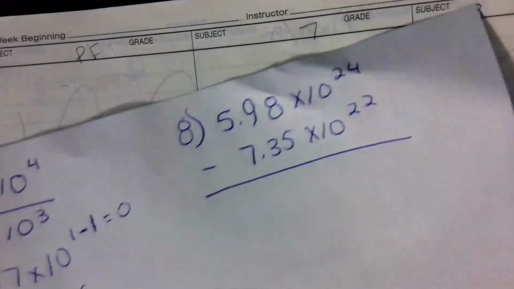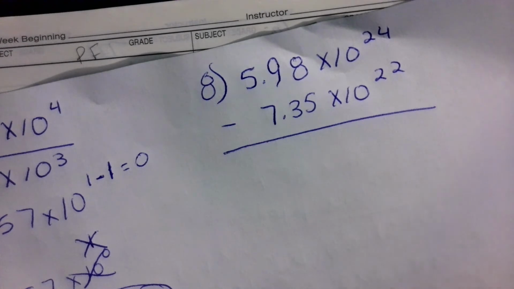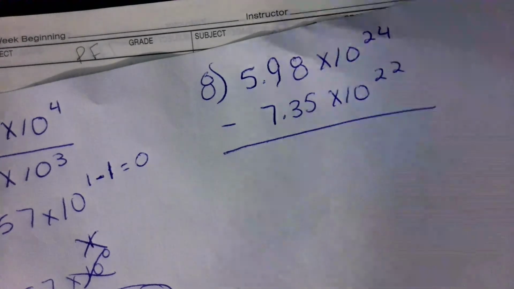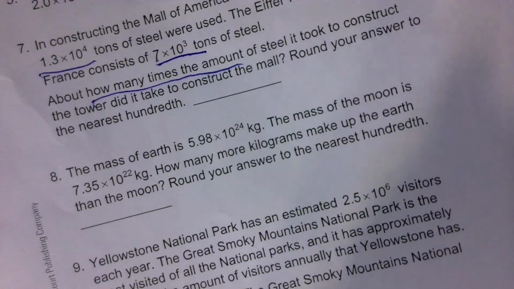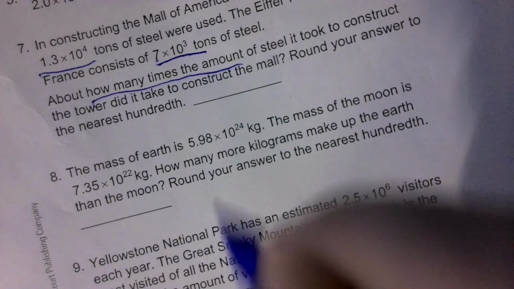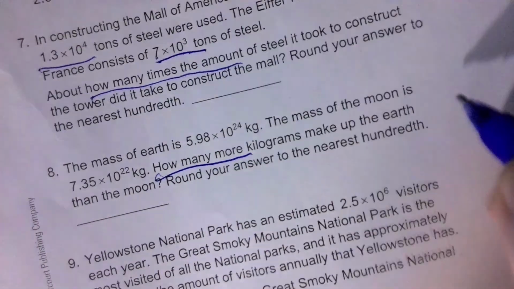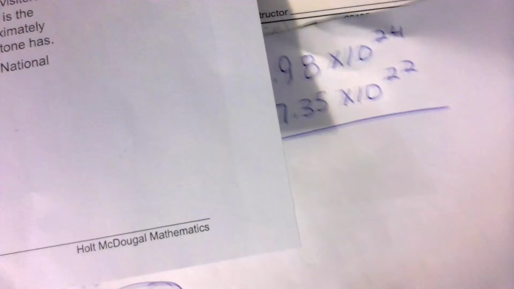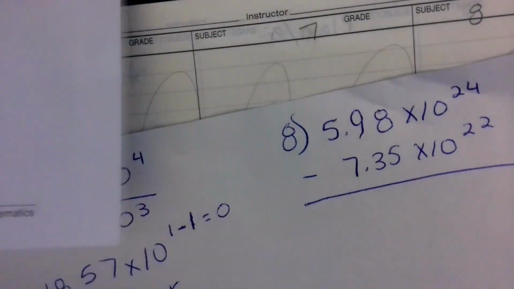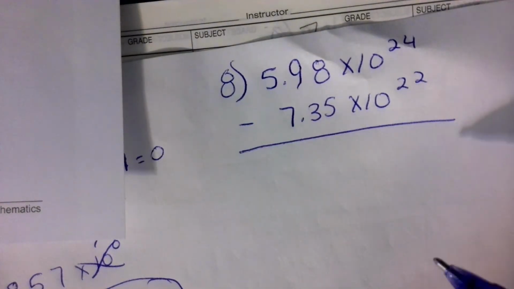Alright, moving on to number 8. Says how many more? So we need to find the difference between the two. That means we subtract. Okay, so that means I need to make my exponents the same.